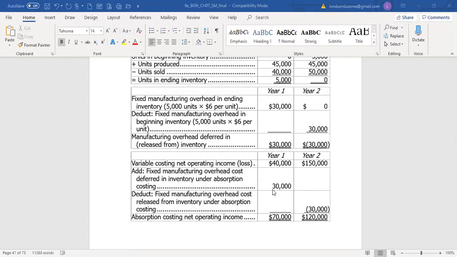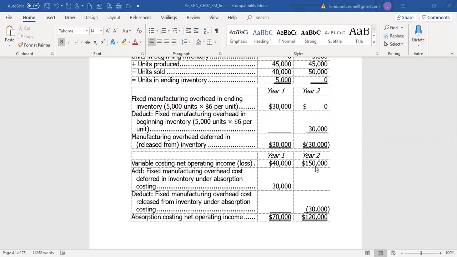How much fixed manufacturing overhead was deferred? 30,000. So 40,000 plus 30,000, if you go to page 321, that will tell you how much your absorption costing net operating income is. And it does, it agrees.